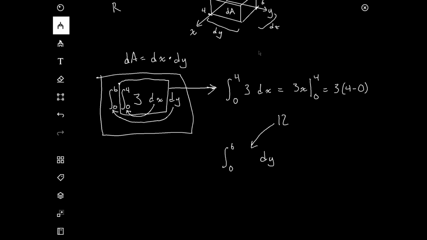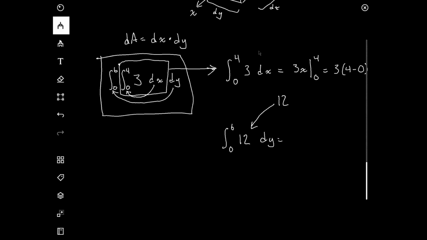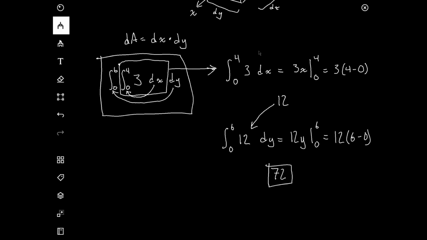We plug this answer inside here, take the integral, which is very simply 12y from 0 to 6, okay? 12 times 6 equals 72. And that would be your answer.